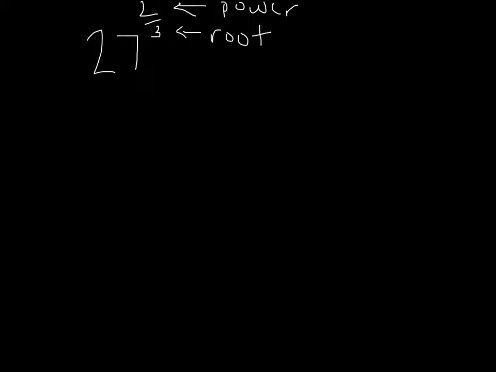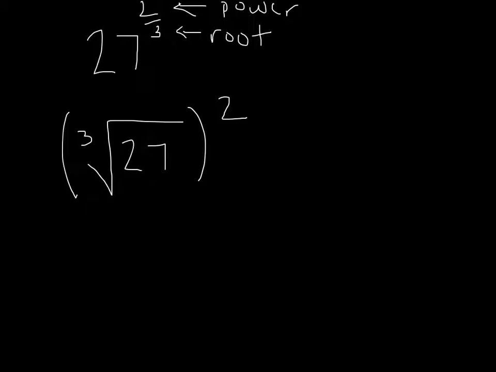So what we're going to do is do the cube root of 27, and then the power, remember the power here is 2. So after we do the cube root of 27, we'll raise it to the second power. So the cube root of 27 is 3, and 3 squared is 9.